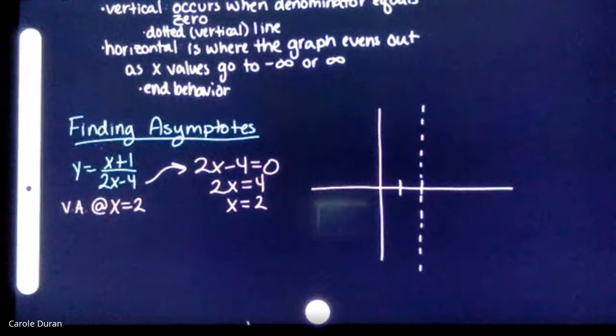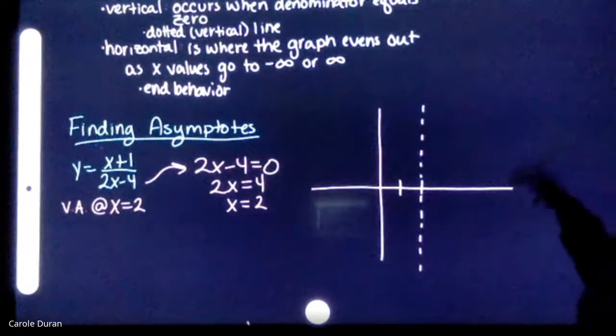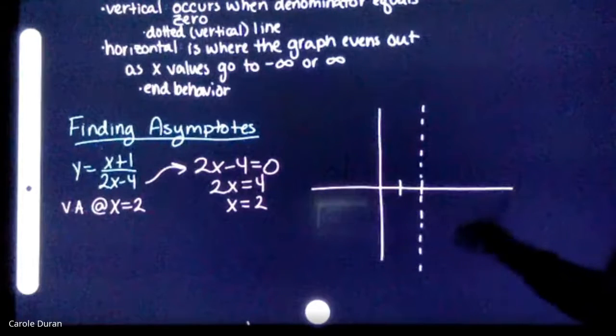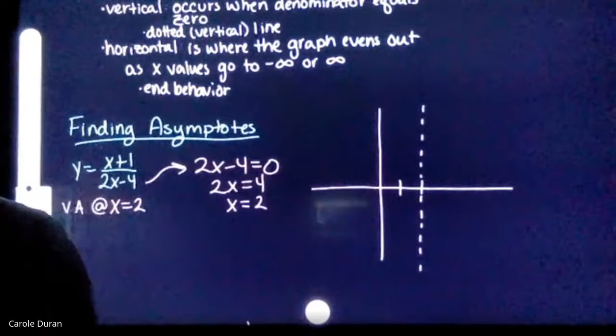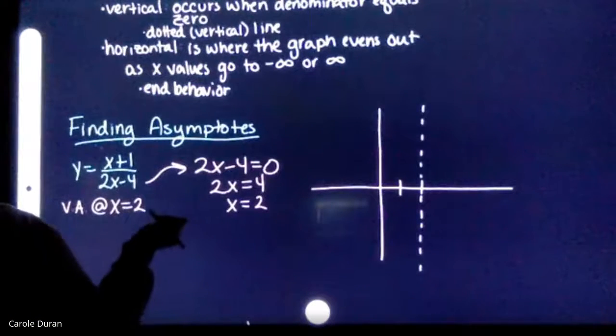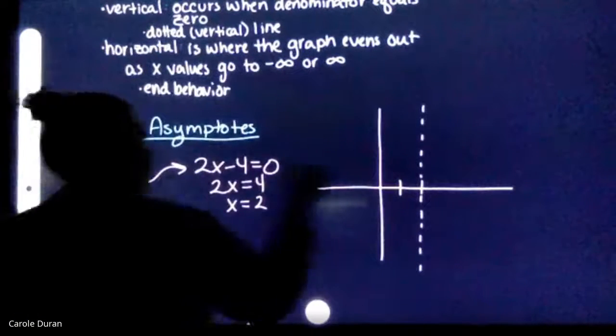A vertical asymptote is a dotted line that can never be crossed. So no matter what happens on each side, my graph is never going to cross over. Okay, so it's always going to have a split there. As it turns out, if you were to graph this, which again, I'm not telling you you need to do. Let me draw some more lines on here.